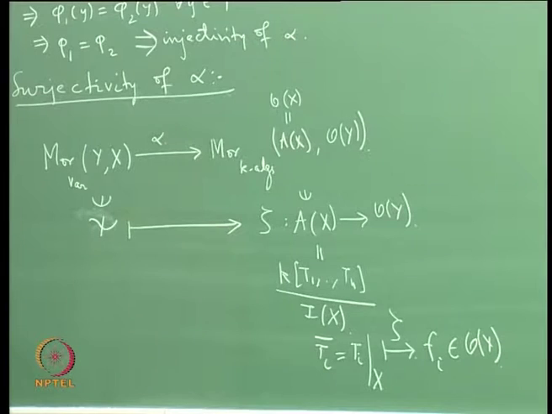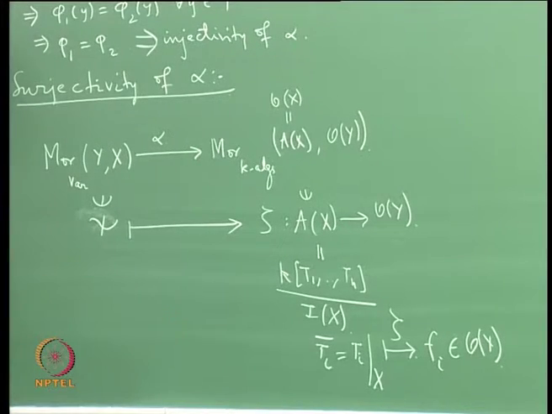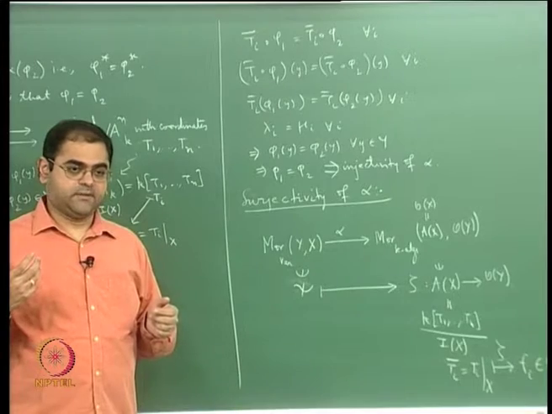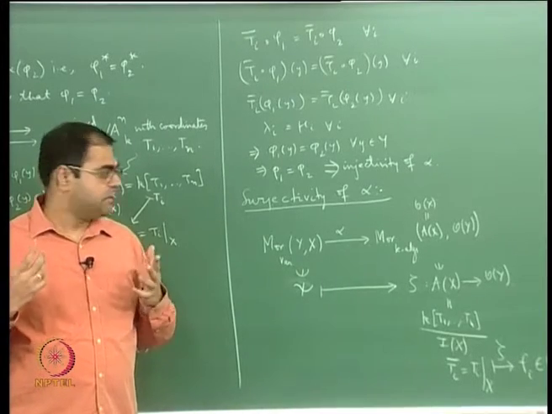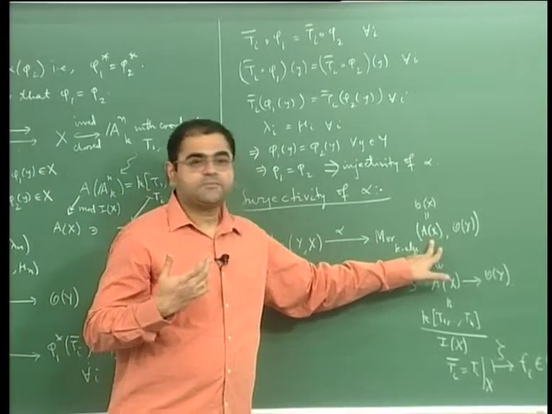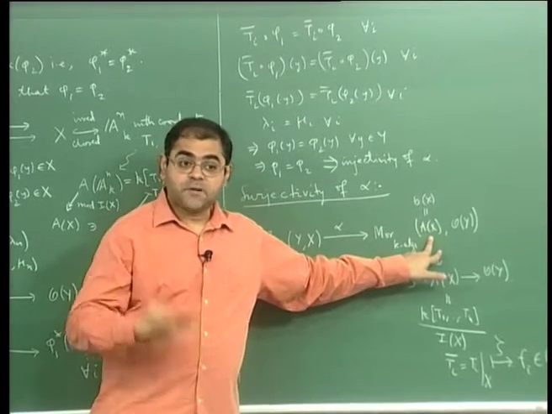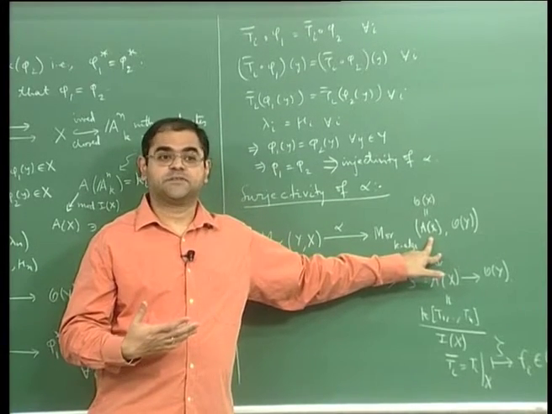Okay, so we are just saying that morphisms into an affine, via the pullback of regular functions, correspond to k-algebra homomorphisms from the ring of functions on the affine.